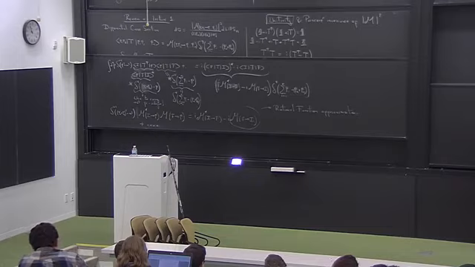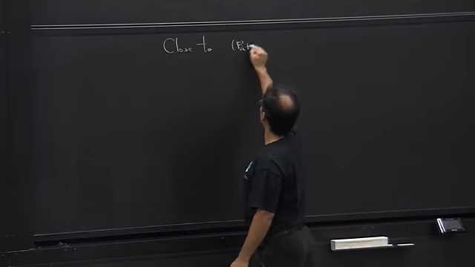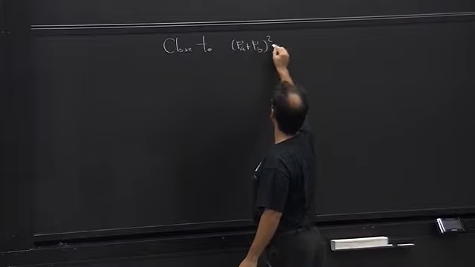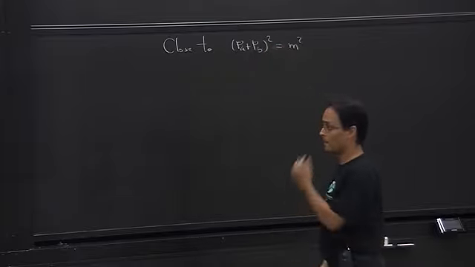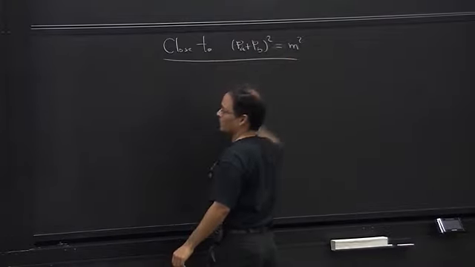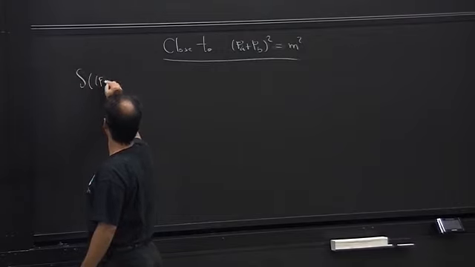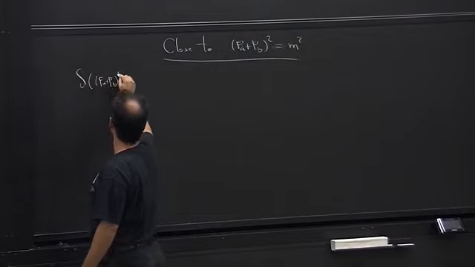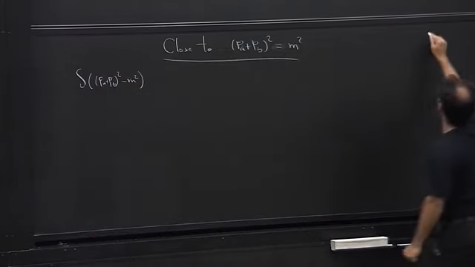Close to PA plus PB squared equals M squared. So I'm working in this regime. Let me write the delta function of PA plus PB squared minus M squared. Well, let me do it here first.